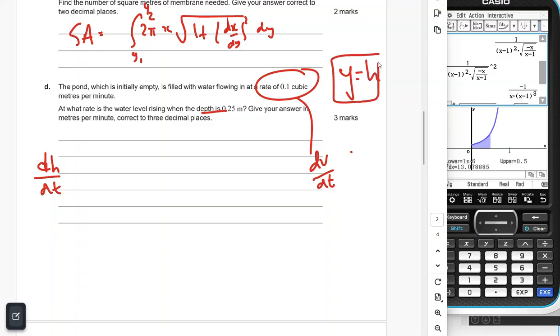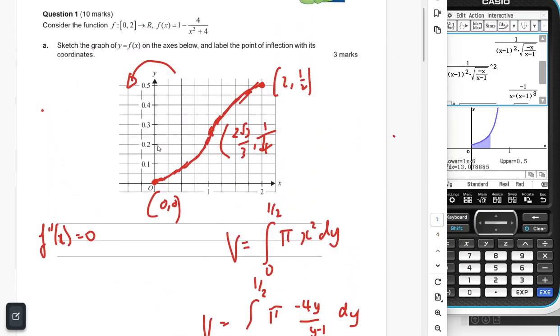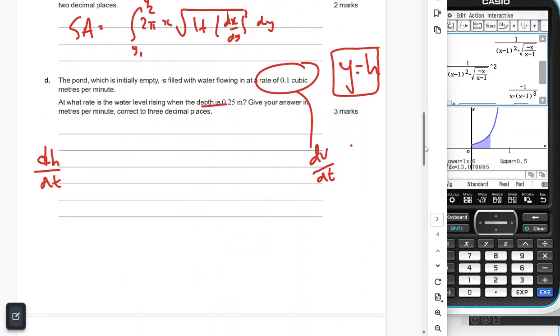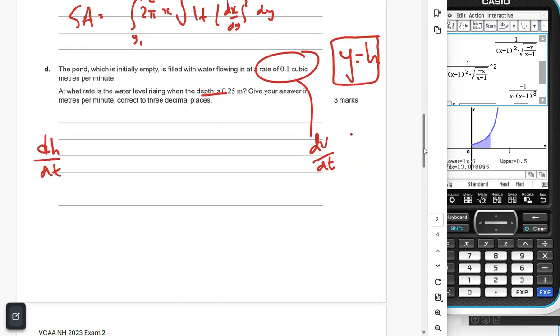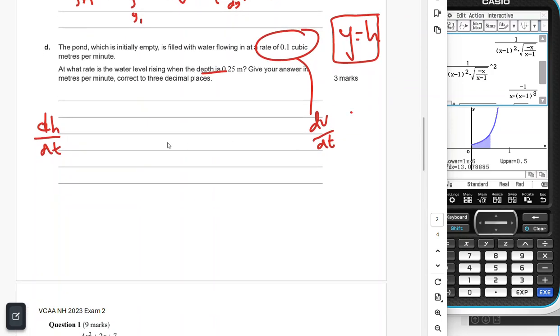Wherever y is, I'm going to replace it with h because in my pond, the depth of the water will be the y value, or the height. Okay, so that's going to equal dh/dV times dV/dt, and that's going to be 0.1 given h equals 1/4. So I need an expression for h.